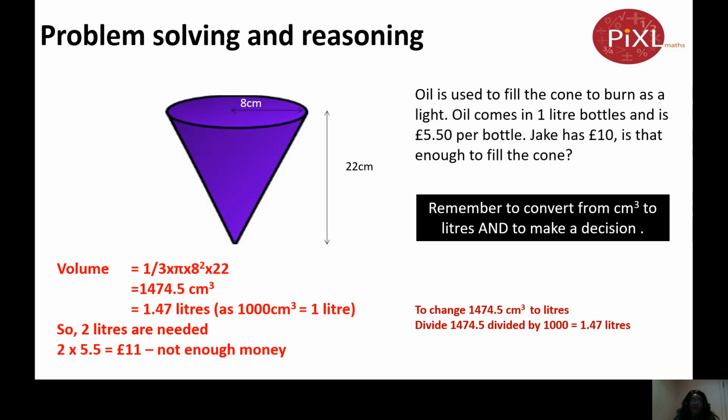We already know that 1000 centimeter cube is 1 liter. So to change from centimeter cube to liter, which is the bigger measure, we will need to divide by the conversion factor 1000. So 1474.5 centimeter cube is 1.4 liters.